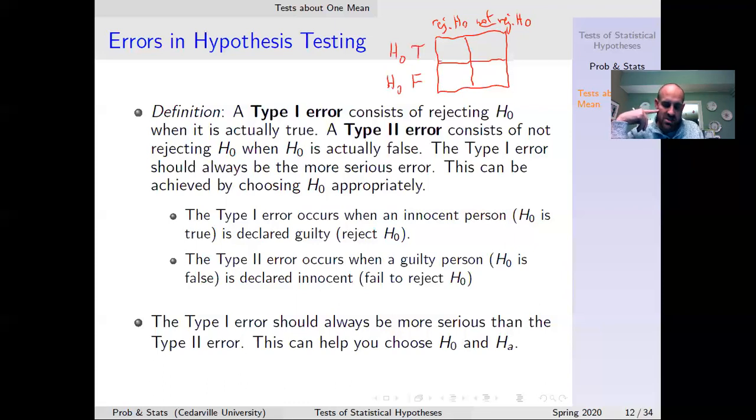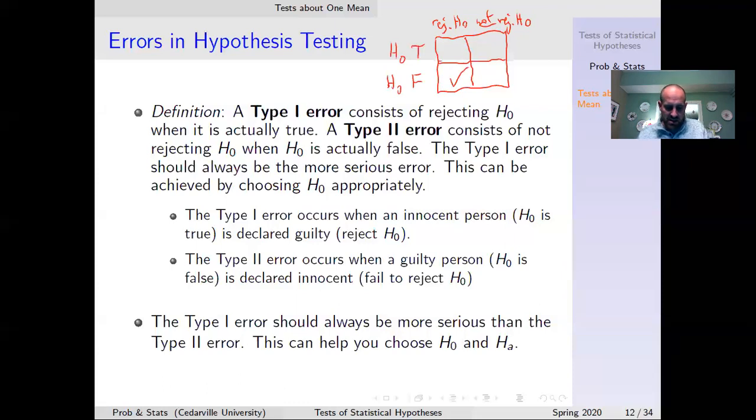So if the null is true, like the upper left box there is the null being true, and we reject the null. Okay, the null being true and we reject the null, that is a mistake, okay? That's not good. By the way, what if we rejected the null when the null was false? Well, that's good. I'll put a check mark right there, okay?